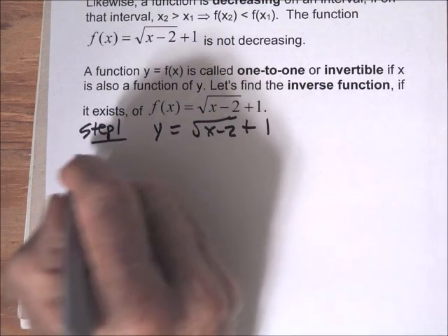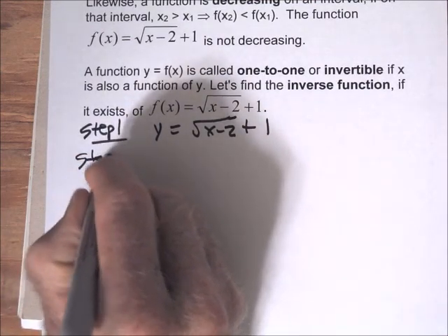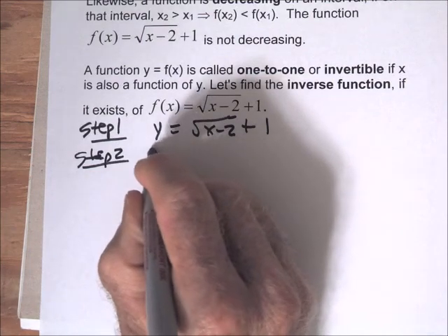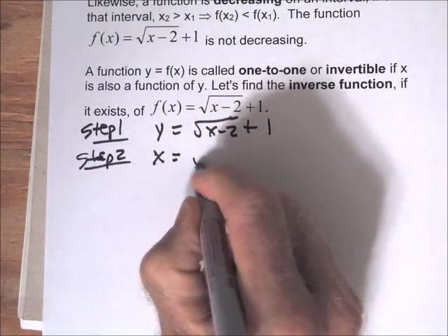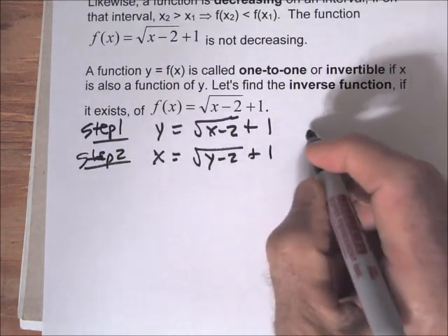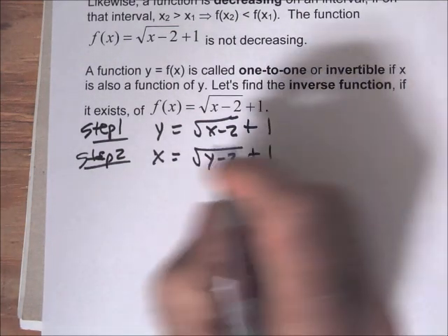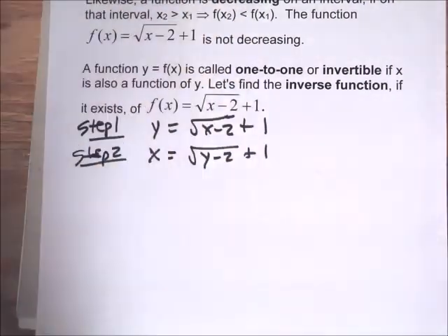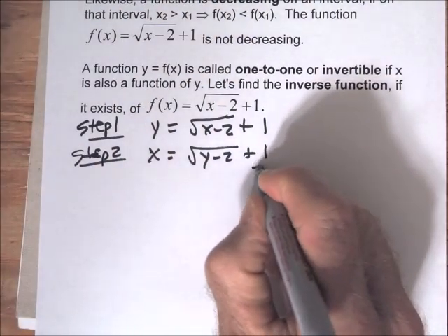And then step 2, we want to switch x and y. So we want to write x as a function of y here, and then solve for y. Okay, so we can subtract 1 from both sides.